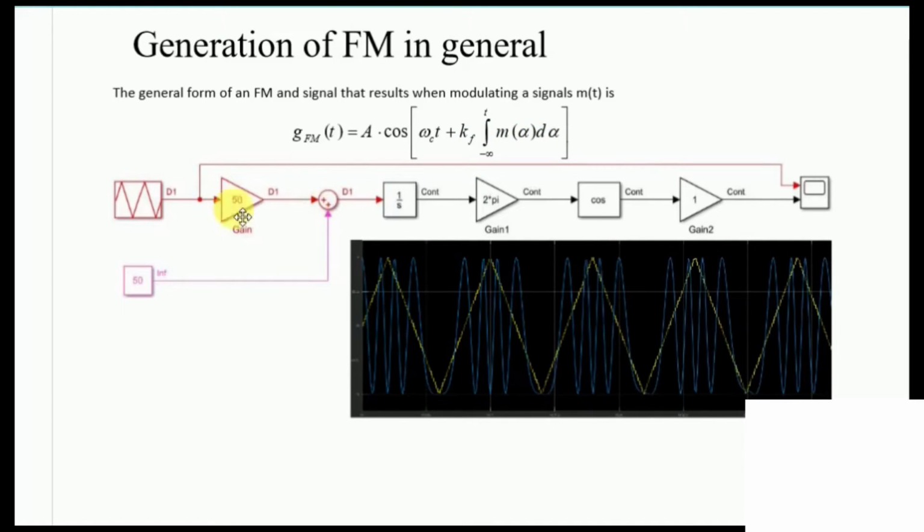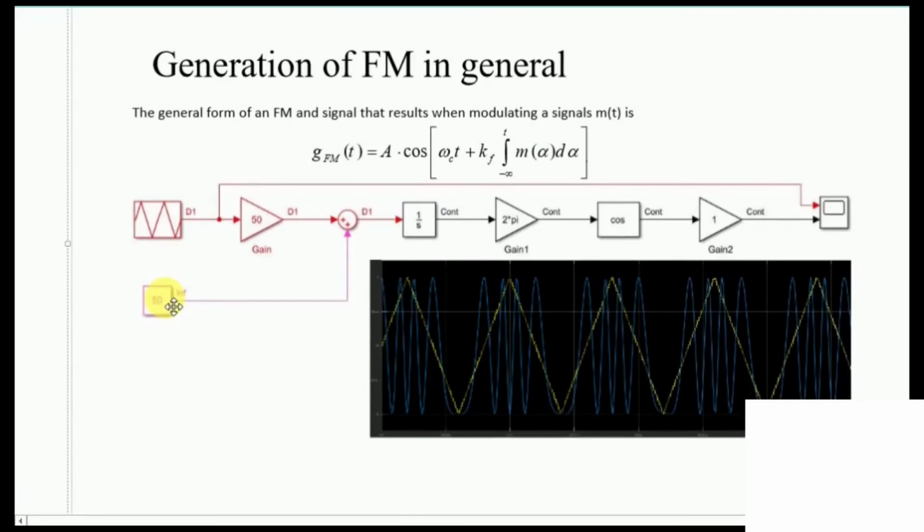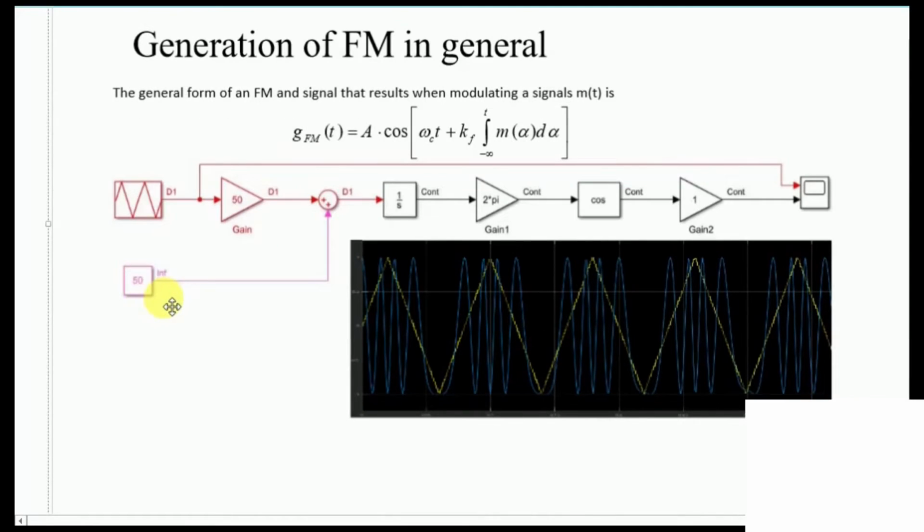The block m of t times kf goes into our summation, and similarly omega c, which is a constant block over here, also goes to our summation. So this is simply a summation block. After that, the whole of this summation goes through an integrator, which is represented in terms of its Laplace notation, 1 over s. So this block is for integration.